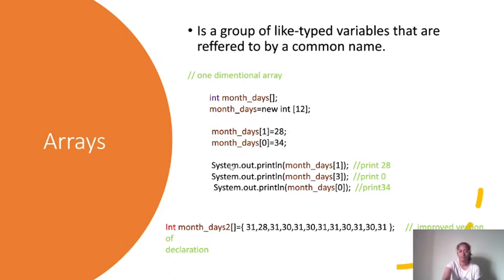When we print a particular index in the array, the value of that index is going to be printed. Here is a simpler way of initializing values to the array to avoid multiple lines of code.